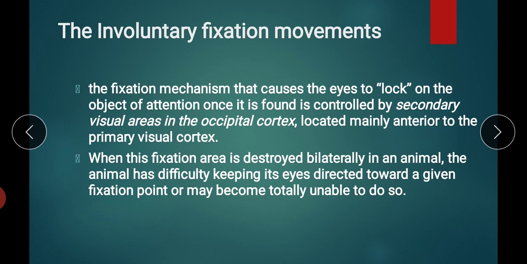Okay, the focus is continuously wandering. Okay, the person cannot fix the image, or cannot keep the image of interest in focus. Okay, so the eyeballs are continuously wandering if this involuntary fixation area is damaged.